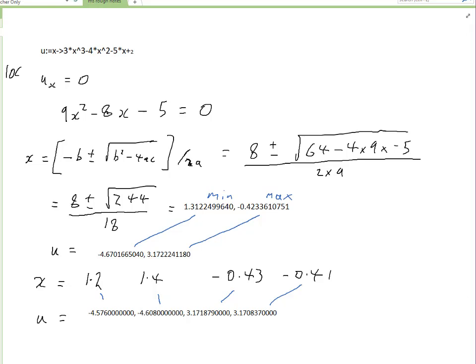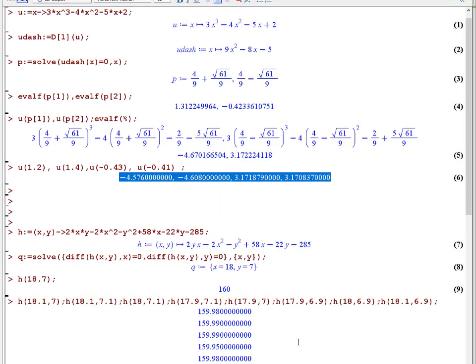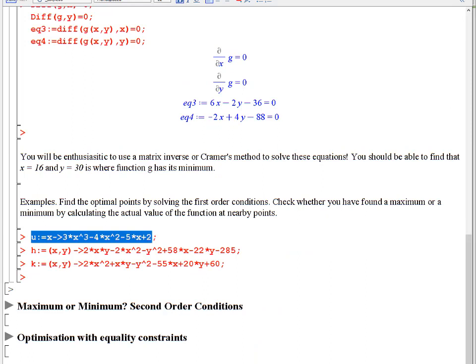Okay, let's go on to the next part of this. Don't forget this, if you're finding this is all very slow, okay, so we're going to go on to this one.